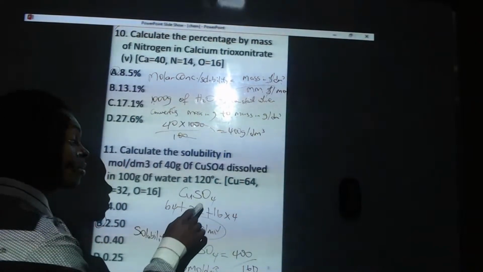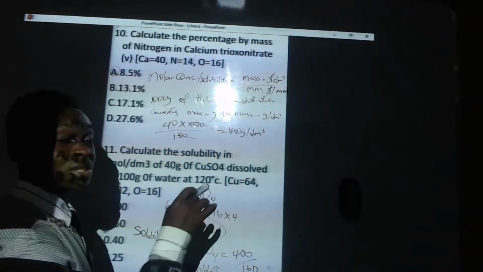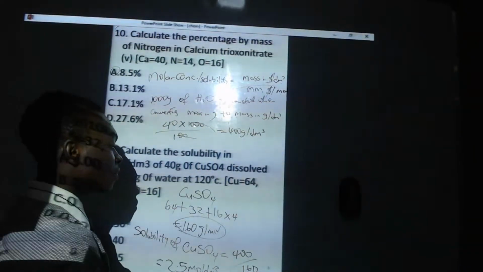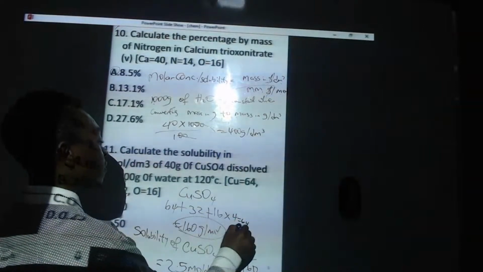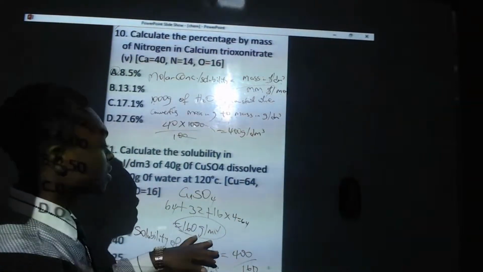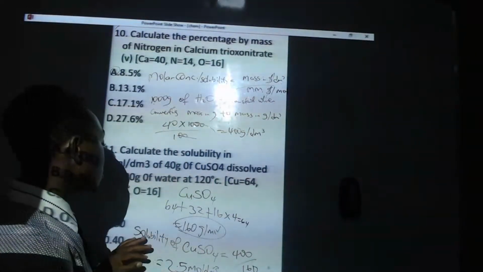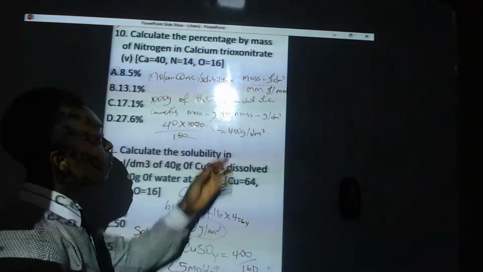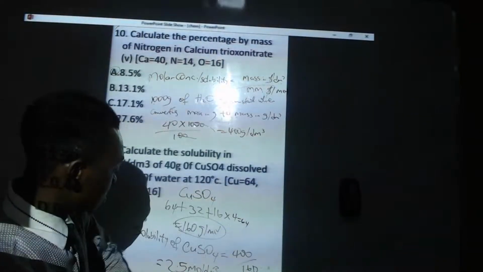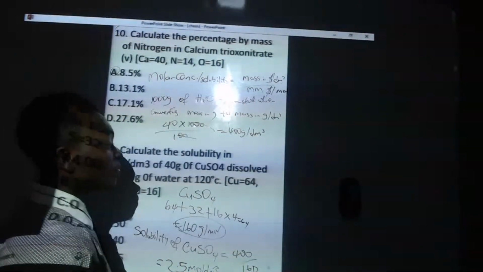So that is 64 plus 32 plus 64, giving you 160 grams per mole. Then the solubility is the mass, 400, over 160, which is 2.5 mole per gm cube.